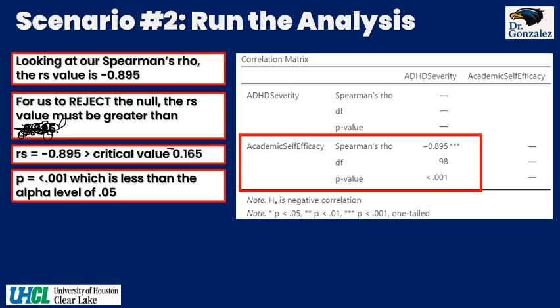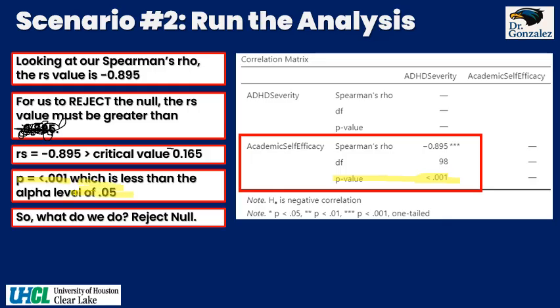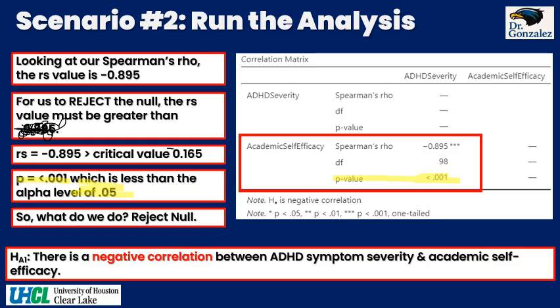So go by what you can find in Jamovi, which means you would use your p-value right here. The p-value is less than 0.001 at an alpha level of 0.05. That means we reject the null. There's a negative correlation between ADHD symptom severity and academic self-efficacy.